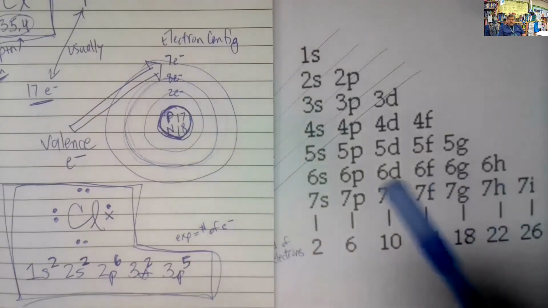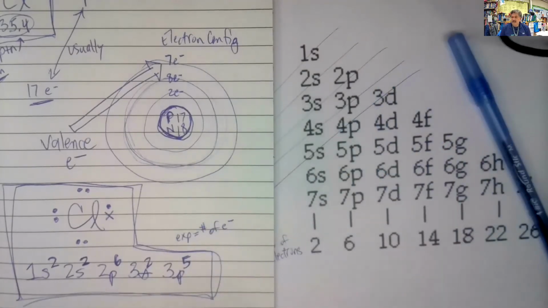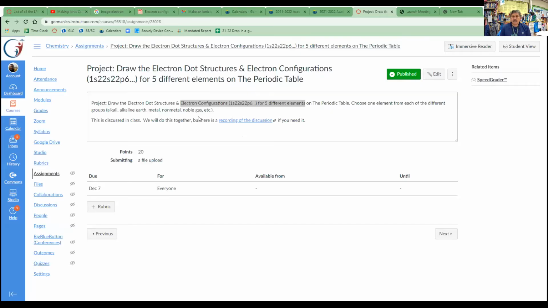Now chlorine, and this can be one of your 5. Let me stop screen share and go back to Canvas. Right here, it says choose one element from each of the different groups. Well, what are the different groups here? We have the alkali, which is the first column, the alkali earth, which is the second column.